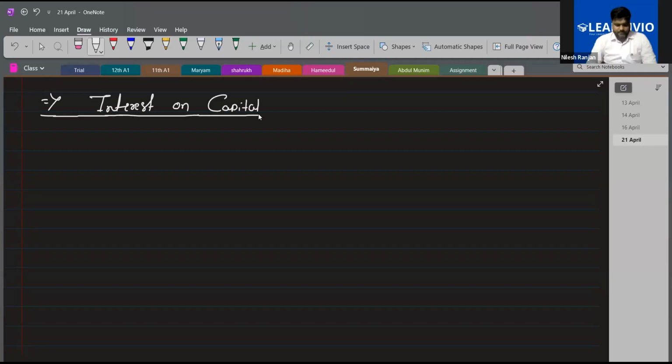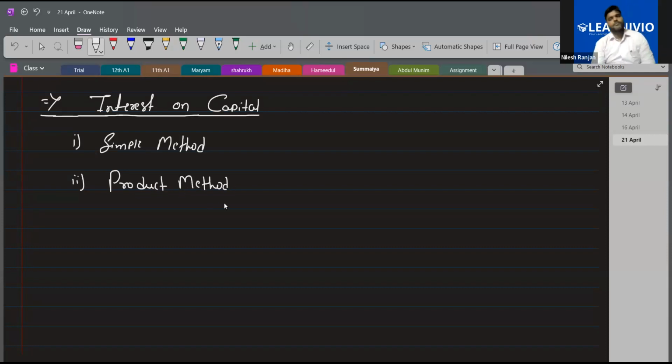First, if from April to June there is one capital, we'll do capital into rate by 100 into 3 by 12. And then for the next one, the changed capital, we'll do that into rate by 100 into the remaining months by 12, the remaining time period.